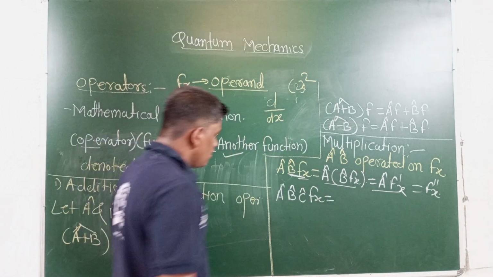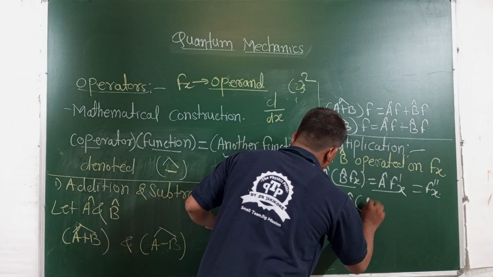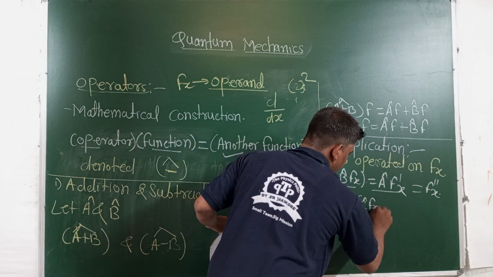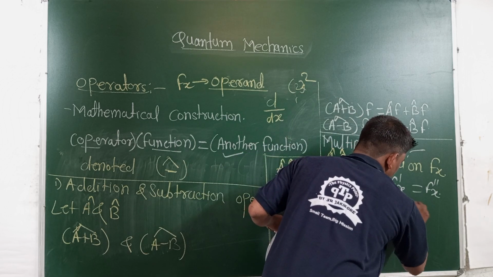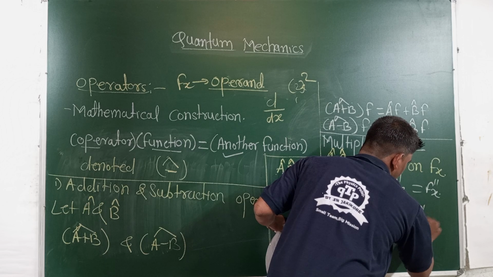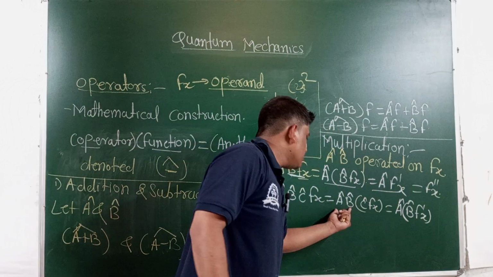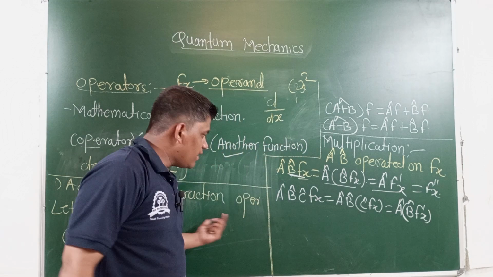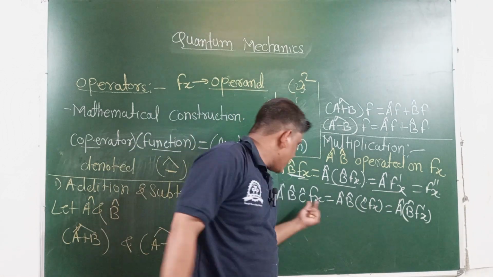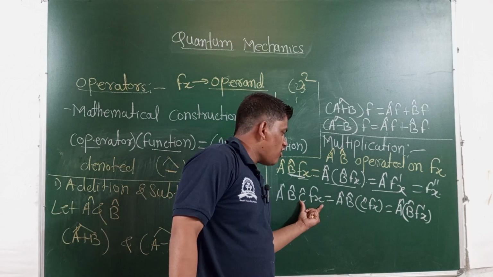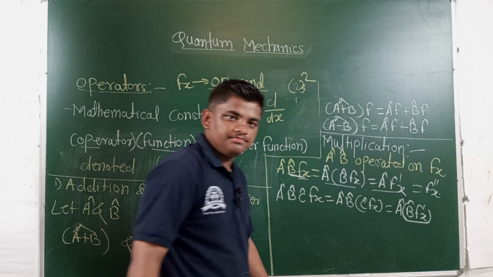What procedure do I follow here? a cap b cap into c cap of f of x is equal to a cap of b cap into f dash of x. What happened here: taking these operators from the left hand side, the first operator of the right hand side is operated on the function f of x, and we get f dash of x.